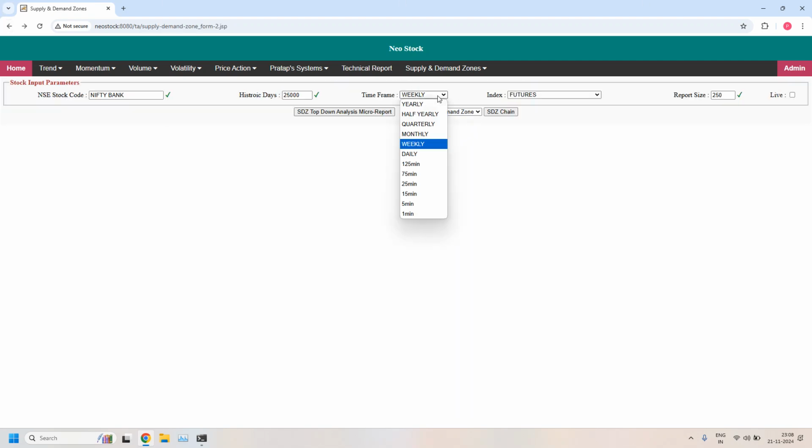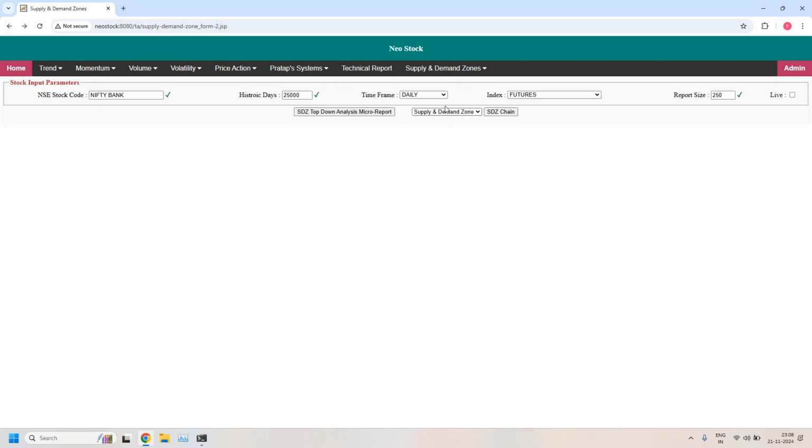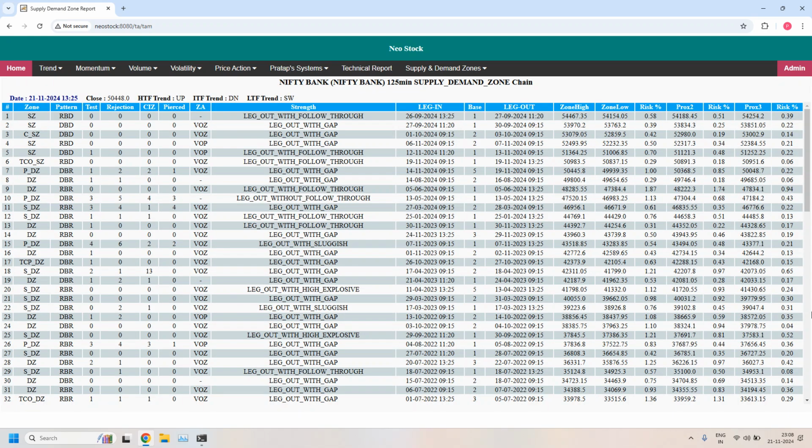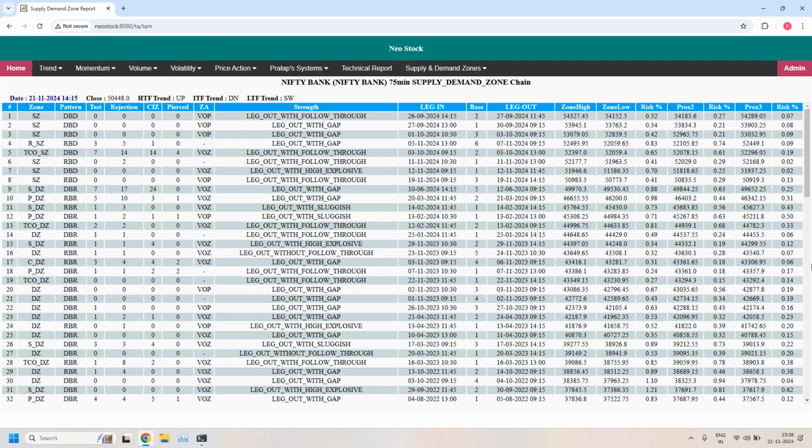Next time frame is daily, generating daily supply demand zone chain for bank Nifty. Next time frame is 125 minutes, generating 125 minute supply demand zone chain for bank Nifty. Next time frame is 75 minutes, generating 75 minute supply demand zone chain for bank Nifty.